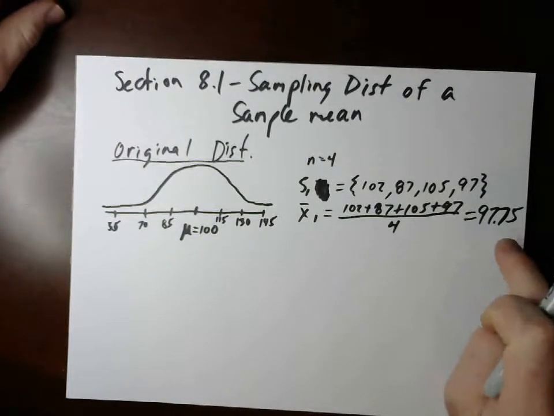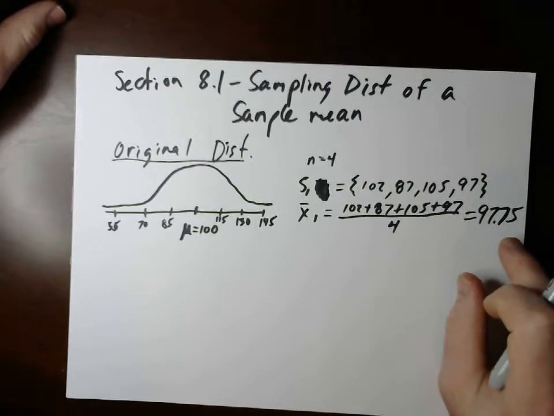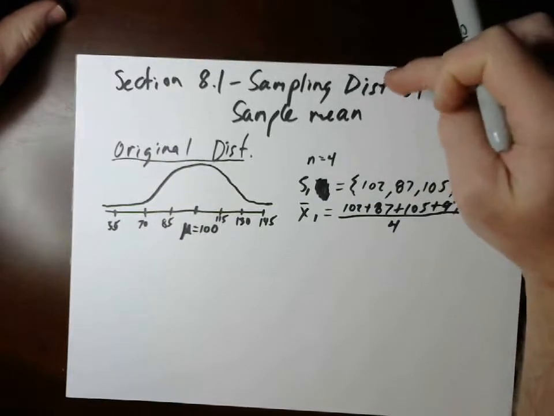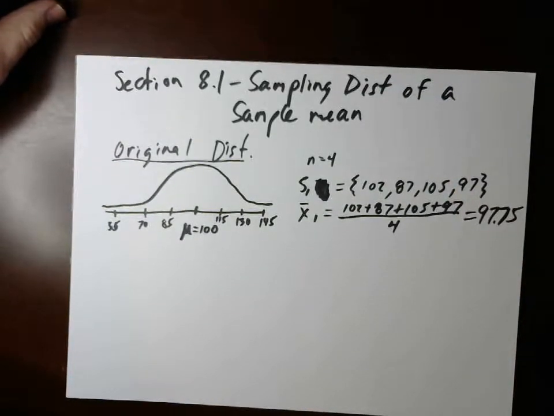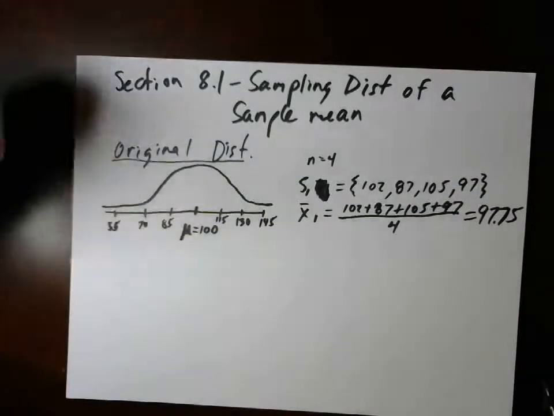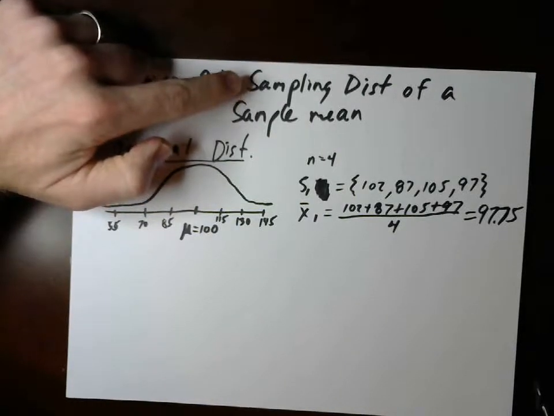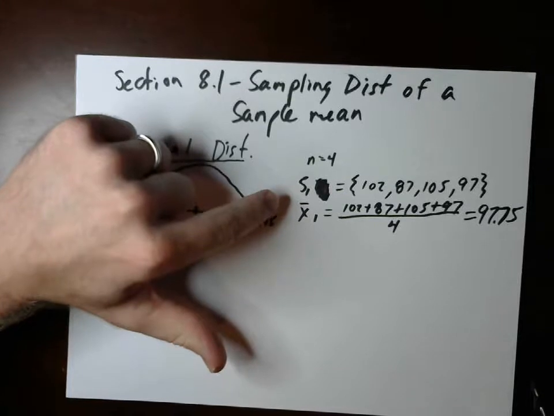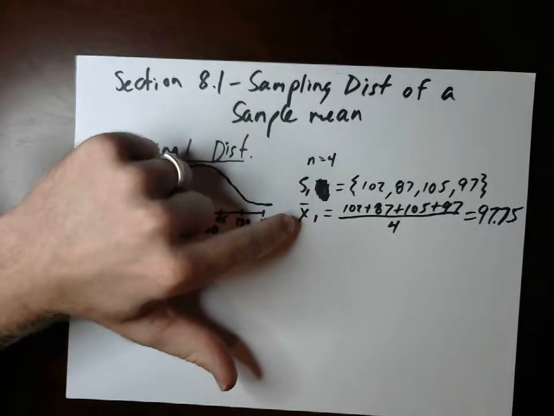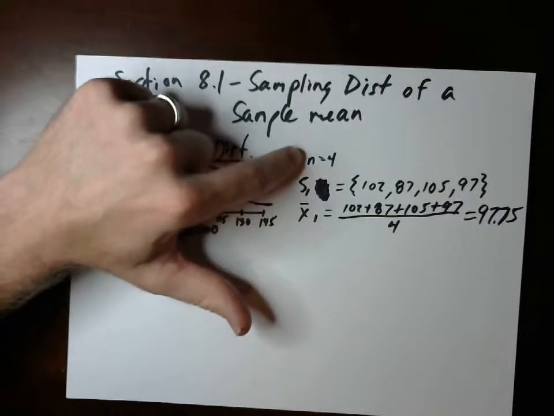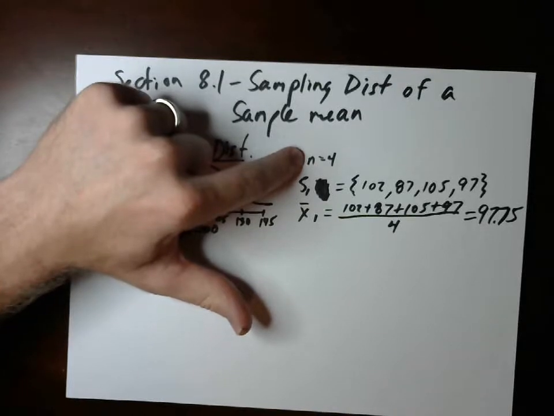This is just the first data value that we found in this sampling distribution. So we have a sample size of 1 from the sampling distribution, where each sample, in order to find our x bar, is size n equals 4.